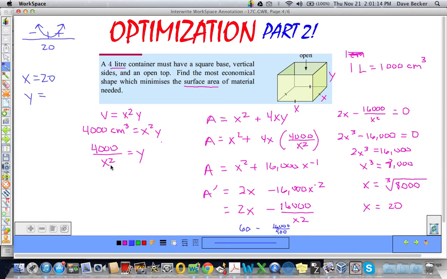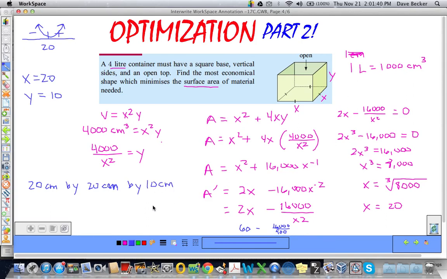Is that what that's going to be? It is, and that is equal to 10. Okay, so find the most economical shape. So that would mean we would need a container with a base of 20 centimeters by 20 centimeters, oops, by 10 centimeters.